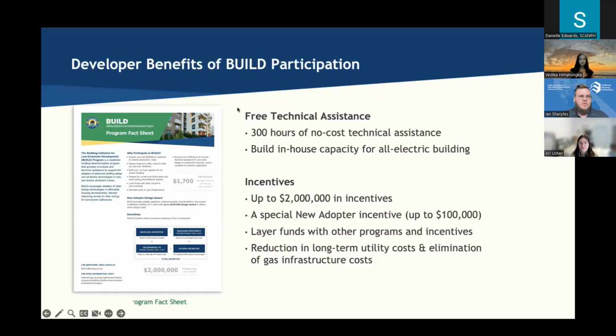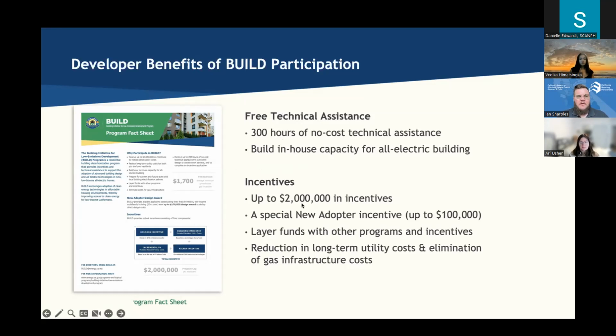So just a quick look at what is available with this program. The focus today is going to be on the 300 hours of free technical assistance. So that is no cost. You can apply for it even if you don't have a project or development ready. You're just trying to understand how to integrate all electric design into your portfolio. There are also financial incentives available. It is broken out by IOU territory.